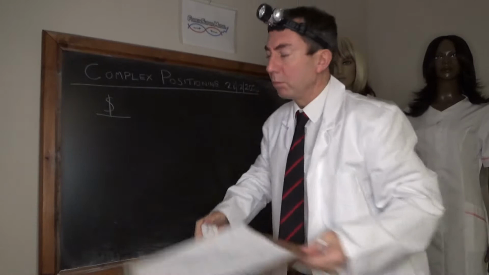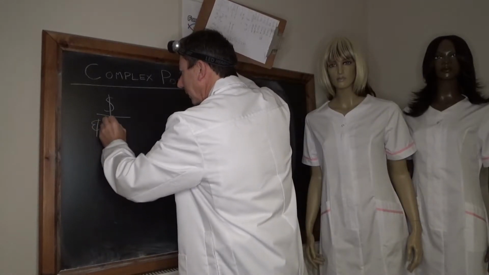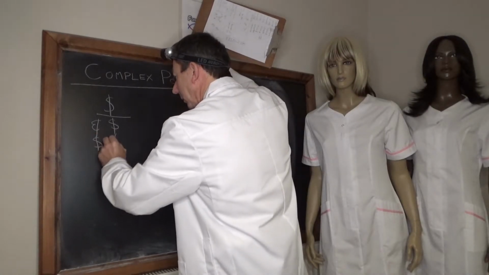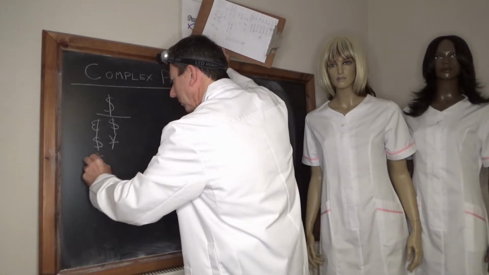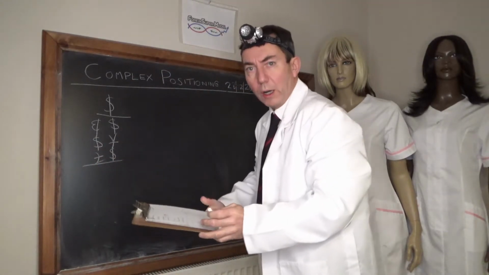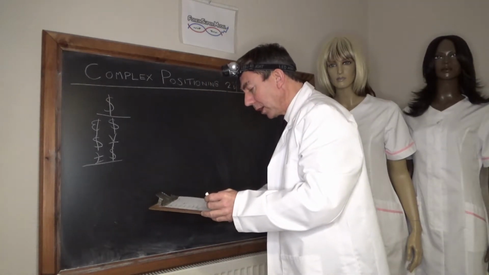So the dollar complex, for example, would be the euro dollar, the dollar yen, the pound dollar, and they're the core ones which make up the daily briefing. They're the majors, if you like.